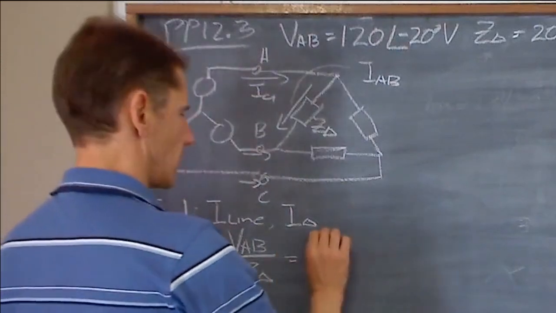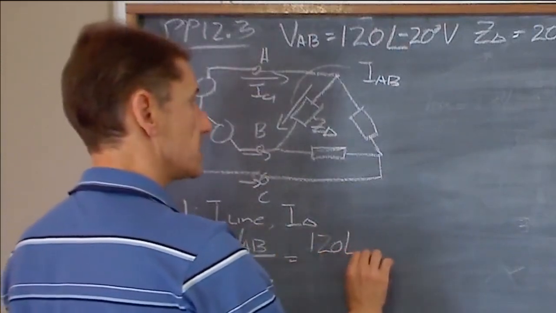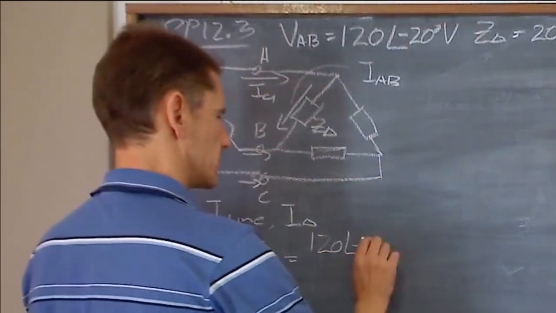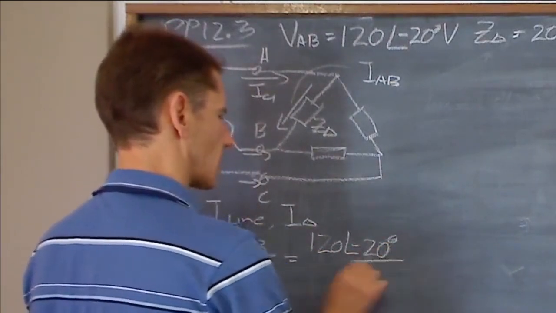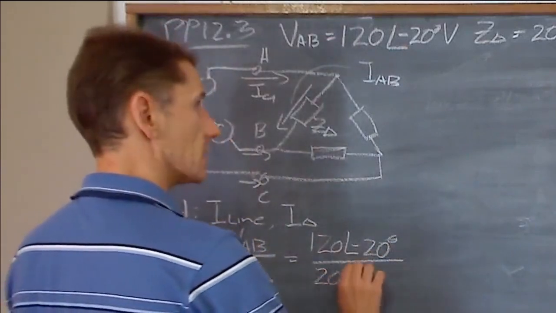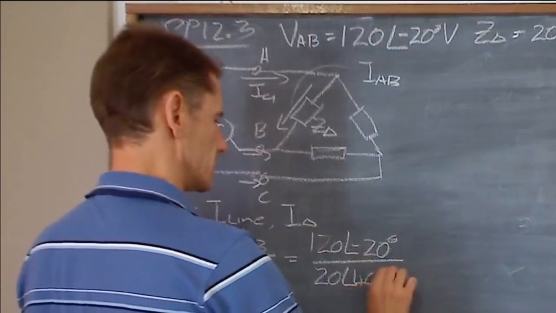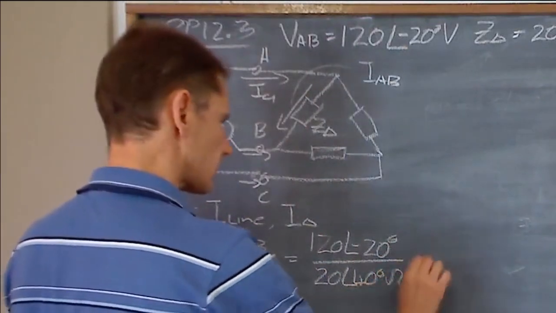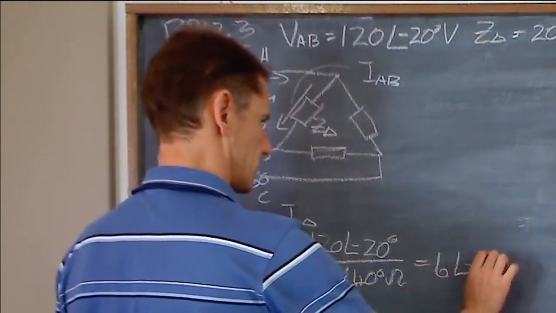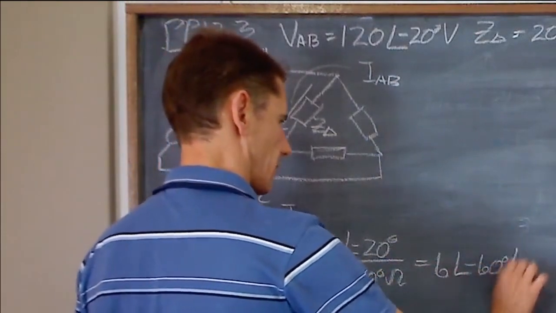So it's 120 angle minus 20 degrees across Z delta, which is 20 angle 40 degrees ohms. That gives you a 6 angle minus 60 degree amps.